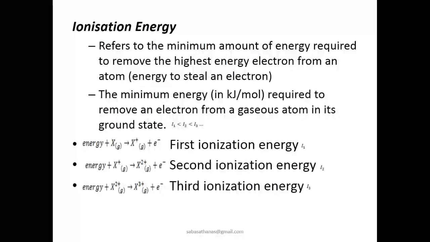Energy to steal an electron. So the minimum energy used to remove electrons from the outermost shell is called ionization energy. Does it lose or gain? It gains. The minimum energy is in the SI unit of kilojoules per mole, required to remove an electron from a gaseous atom to its ground state.